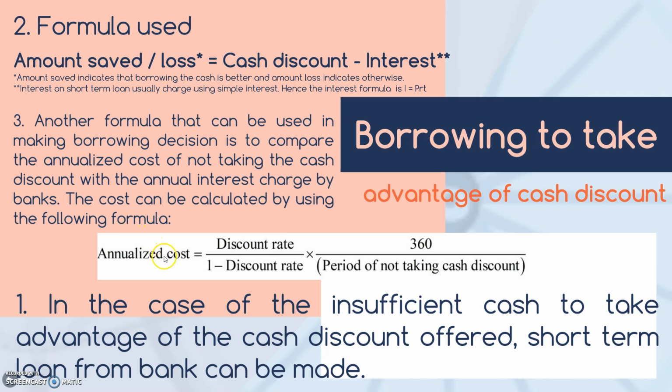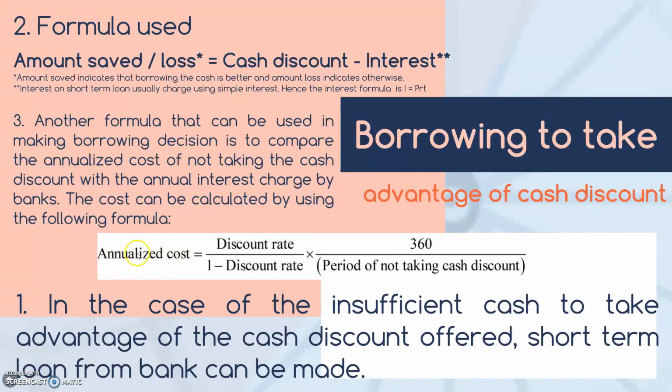If this annualized cost is lower, it's better for you to not take the cash discount. Just pay it normally, because the cost is lower compared to taking the loan.